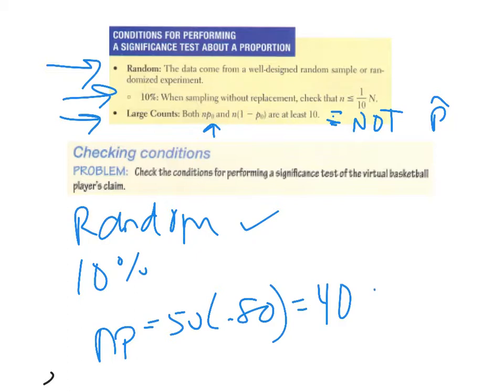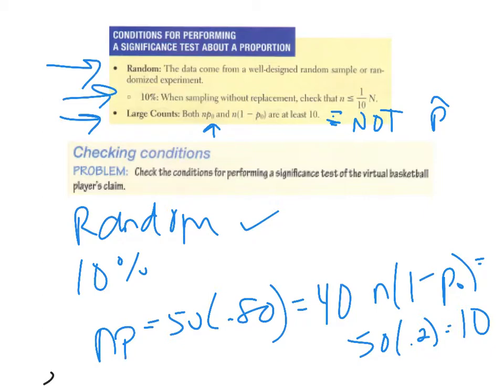And then we'd have n times 1 minus p-naught, which is 50 times 0.2, which is 10. Both of those are at least 10, so we can assume normal conditions.